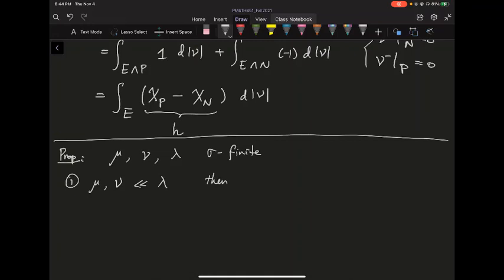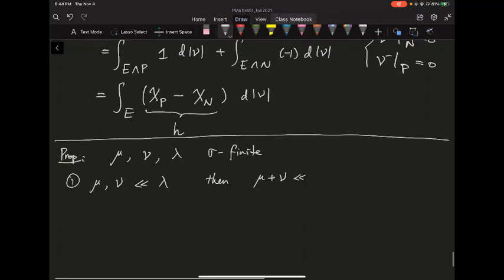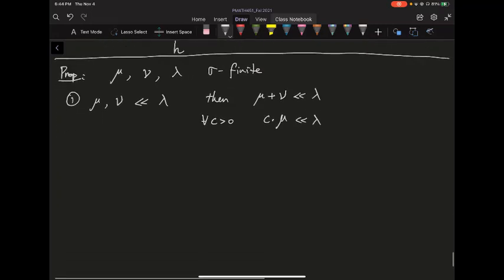Okay, then we can take their sum. That's going to be absolutely continuous with respect to lambda as well. And if I have any scalar, let's say c is a non-negative scalar, then I can scale mu, and it's still going to be absolutely continuous with respect to lambda. That's not surprising.